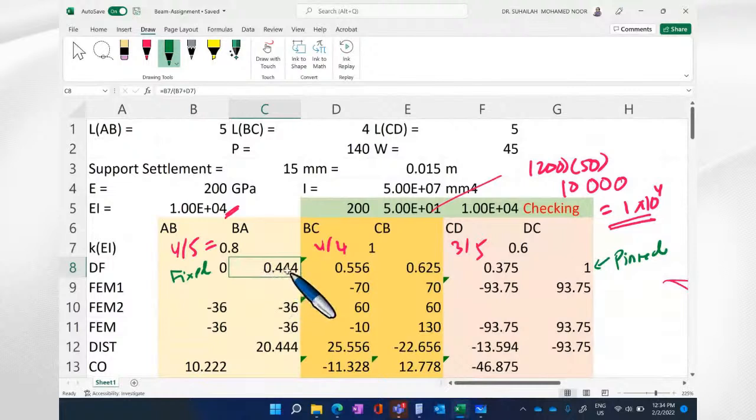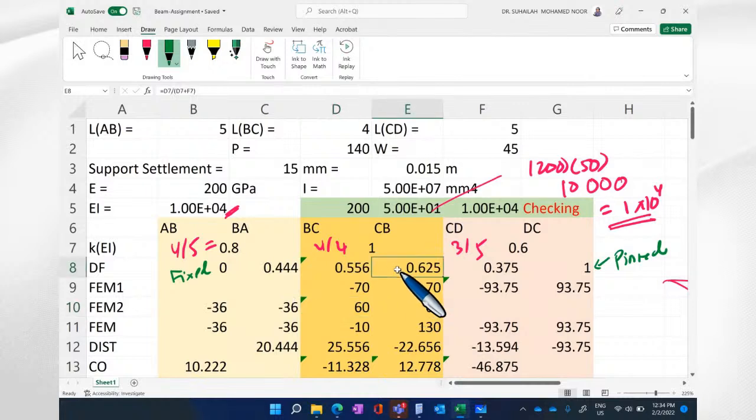It is 0.8 divided by 1.8, that is 0.8 divided by 0.8 plus 1. We get 0.444. And the other one is 1 divided by 1.8, which is just 1 minus 0.444. The total must equal 1.